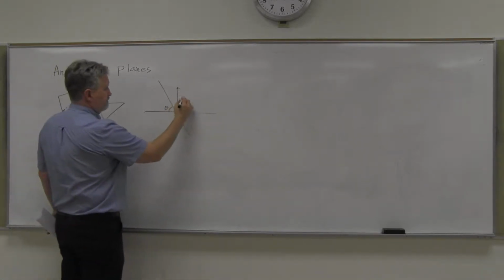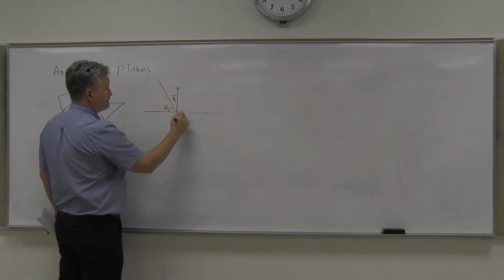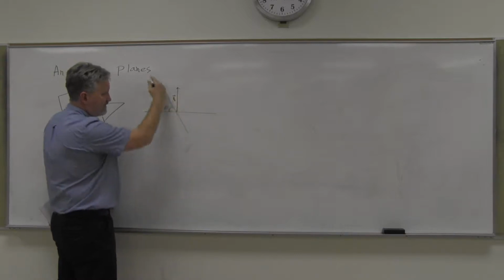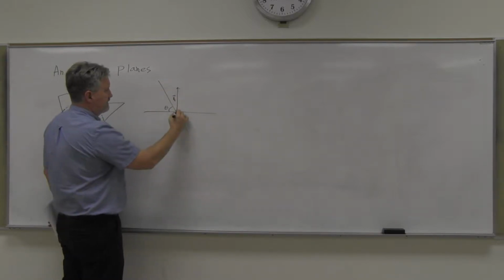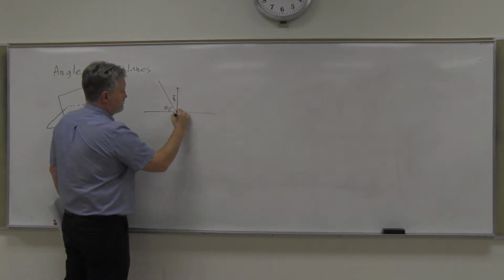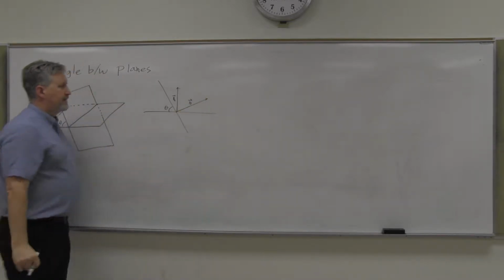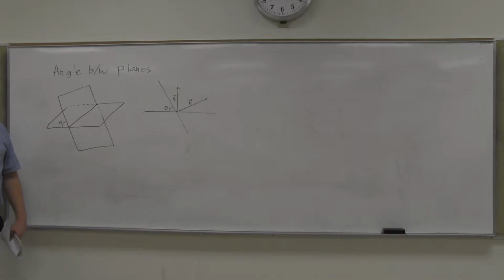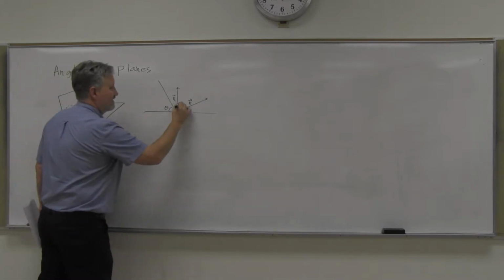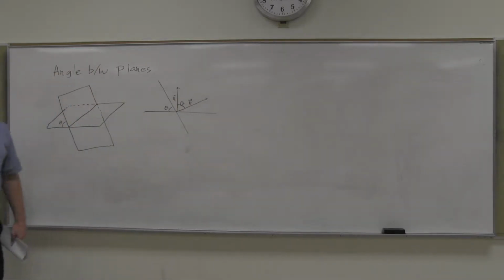And then the normal vector to this angled plane, if you will, would be coming in like that. And the good news is, think about it a little bit, the angle between those two normal vectors, it's going to have to be the same angle because they're perpendicular.